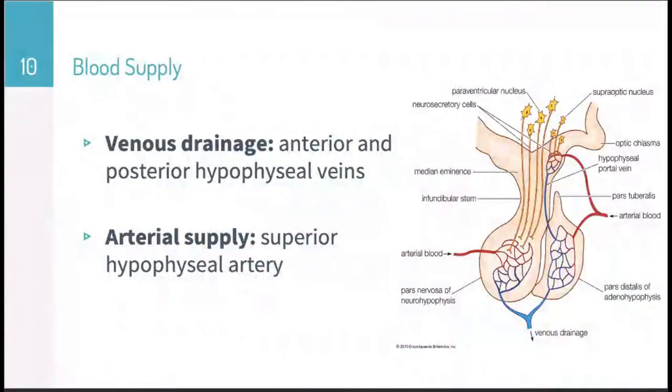So this vessel first forms a capillary network around the hypothalamus, and then blood from the hypothalamus, with all these different neurotransmitters, goes into this network and is transported to a secondary capillary plexus, which surrounds your anterior pituitary.